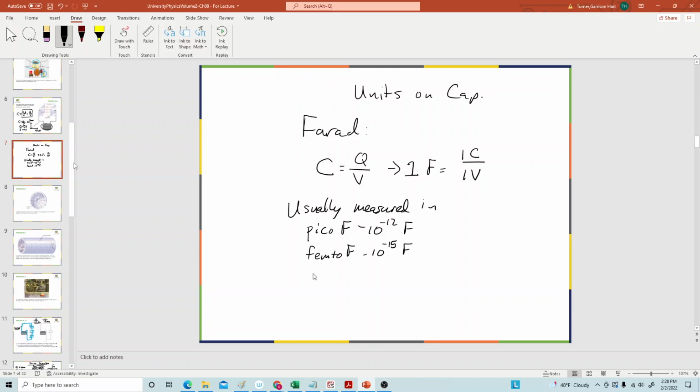We also have nanofarads, microfarads, and millifarads. These are the most common that you would use. But just be aware that the farad is the equivalent of a Coulomb per unit volt.